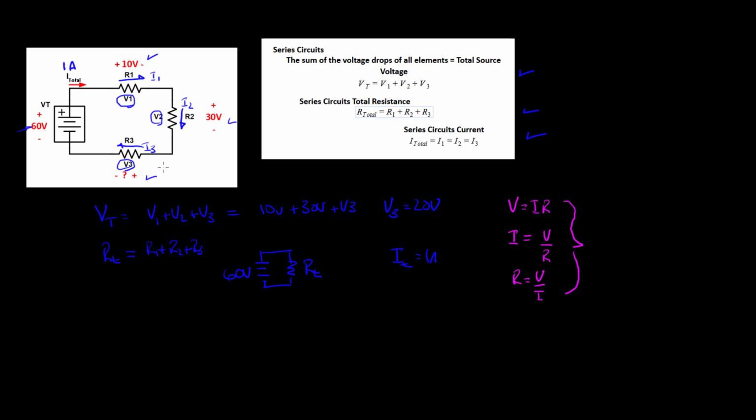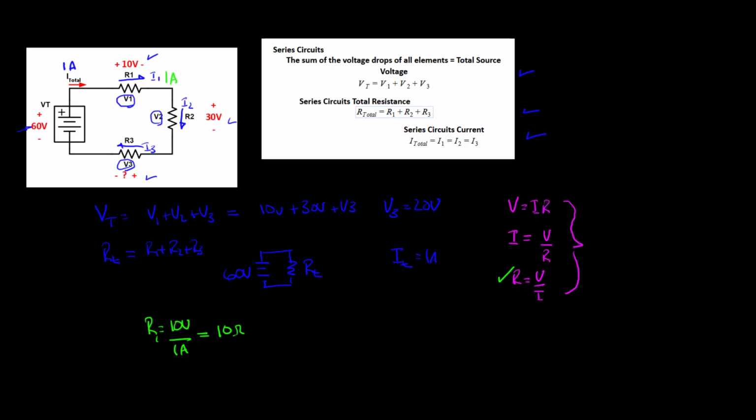These together are known as Ohm's law. So if I know that my total current is 1 amp, I can say that I've got 1 amp going through a resistor R1 to create 10 volts. So I'm going to use my resistance formula. Here my resistance is equal to 10 volts divided by 1 ampere, which equals 10 ohms.